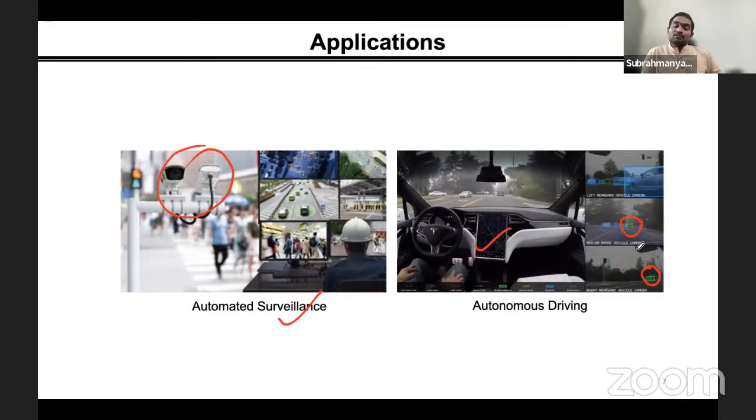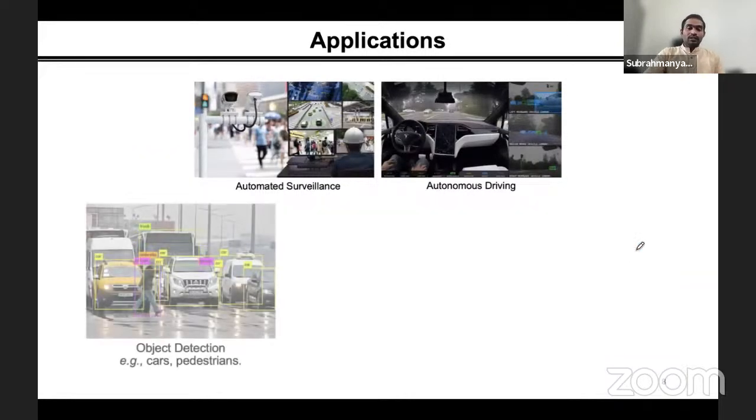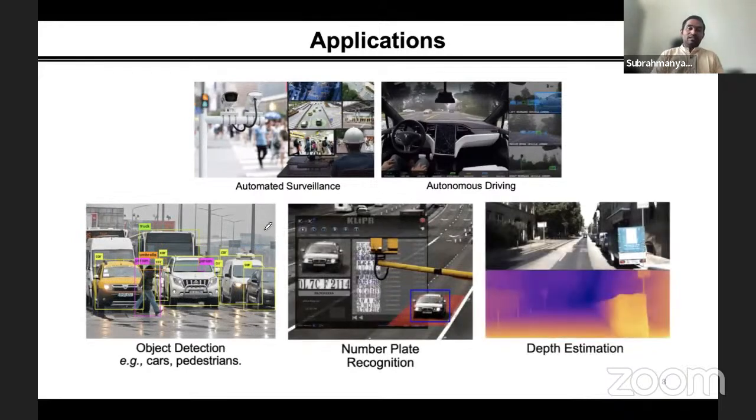So many algorithms are essential here, and computer vision is very important here. But for all these computer vision problems, this pre-processing step is very essential. Coming to the object detection case, if you go directly, it may be a problem.